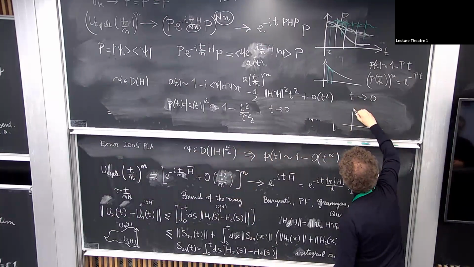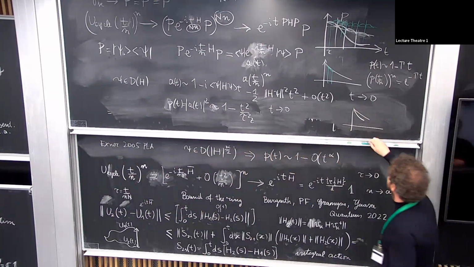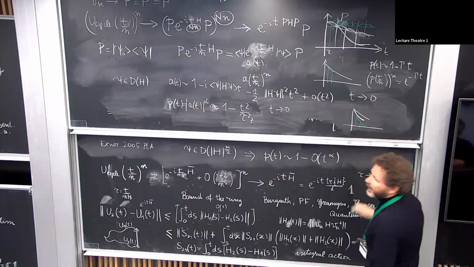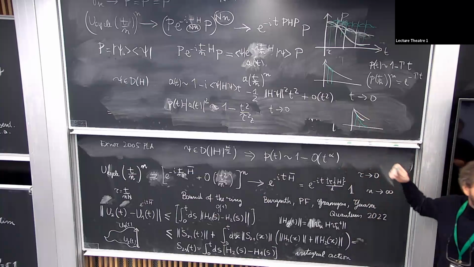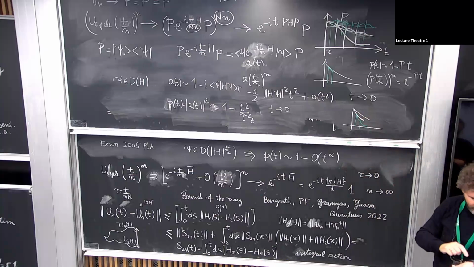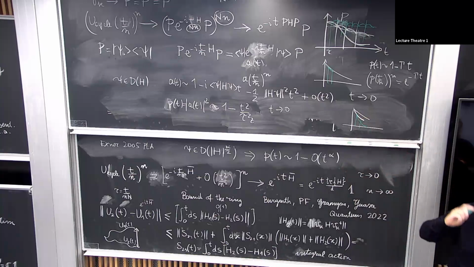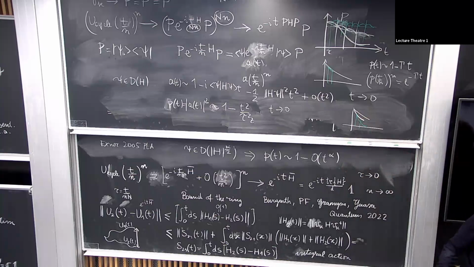You have something like this, for example, square roots. In such a case, if you frequently measure the system, you will get that you accelerate the decay. You have even the opposite effect to what you expect. This is called the inverse Zeno effect, anti-Zeno effect.